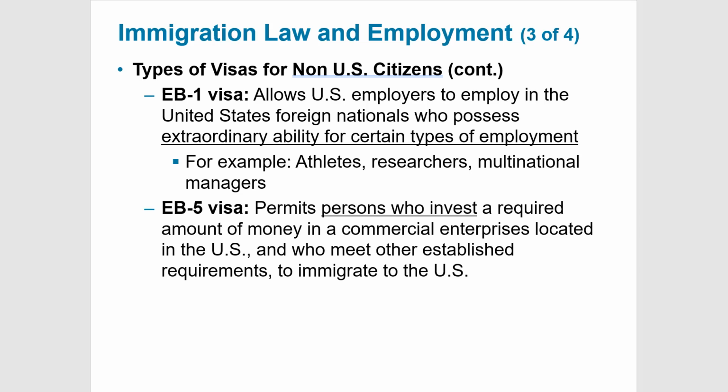So you can think like athletes or scientific researchers or some type of high-level C-suite manager for a business, an EB-5 visa for people who invest a certain amount of money in a commercial enterprise that's located in the United States and also meet other requirements.